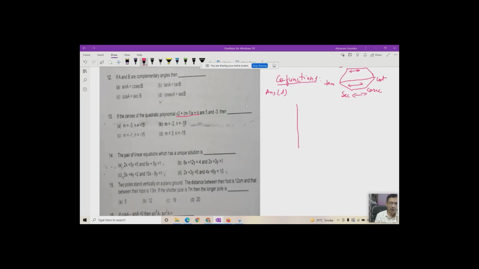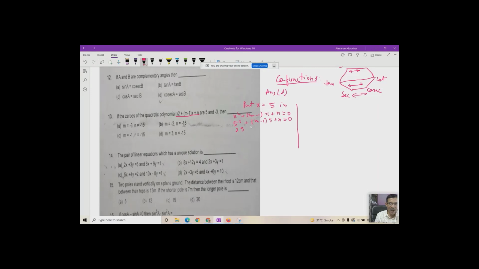First, put x equal to 5 because that is one of the zeros in this polynomial, x square plus m minus 1 times x plus n, equal to 0. Wherever there is x, I will put 5. So this will be 5 square plus m minus 1 into 5 plus n equal to 0.